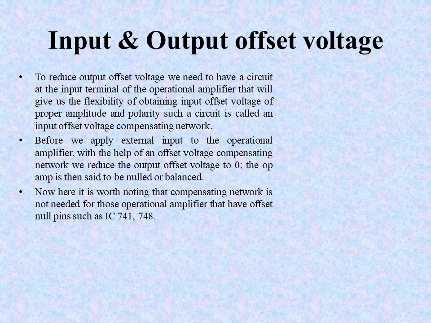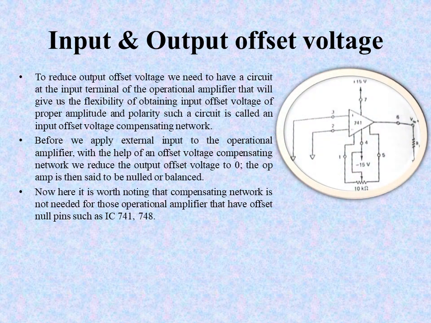If in an IC there are offset null pins available, then we use offset null pins to nullify the effect of output offset voltage. For example, in 741 we do not need an external circuitry. Null pins are available, and by applying a suitable potentiometer we can easily nullify this effect.